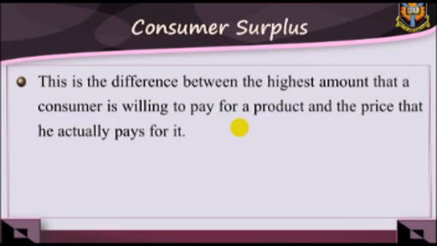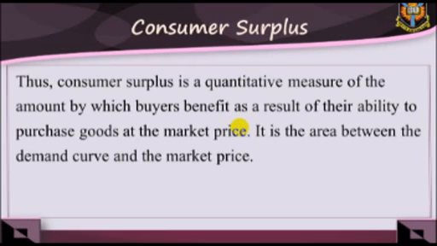On other occasions, it is used to denote the total surplus received by all buyers in a market or collections of markets. Thus, consumer surplus is a quantitative measure of the amount by which buyers benefit as a result of their ability to purchase goods at the market price. It is the area between the demand curve and the market price.